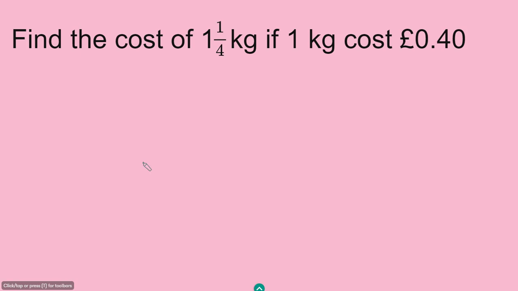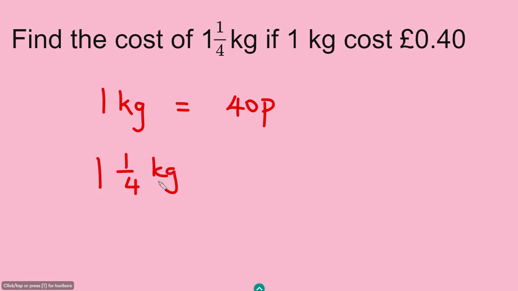Here's a bit of a different question. We want to work out the cost of 1 1/4 kilogram if 1 kilogram costs 40 pence. Now, I'm going to solve this in a rather different way. I know that 1 kilogram of an item costs 40 pence, right? And I want to figure out the cost of 1 1/4 kilogram.